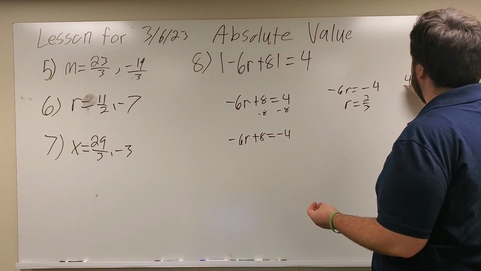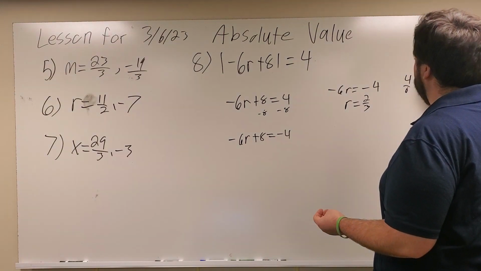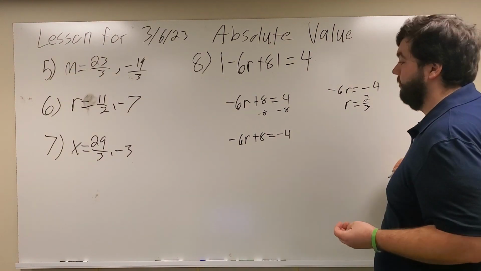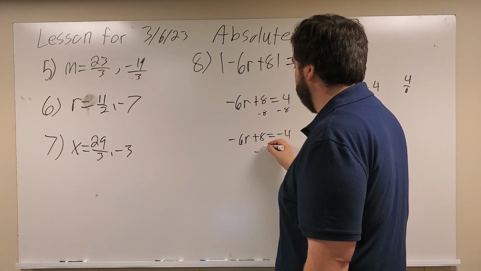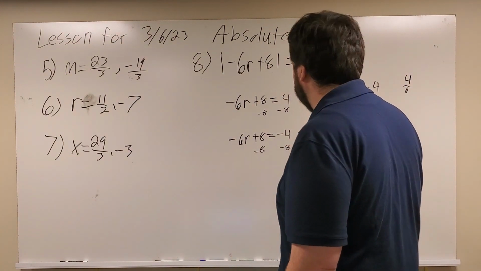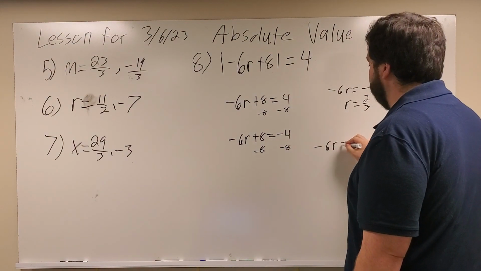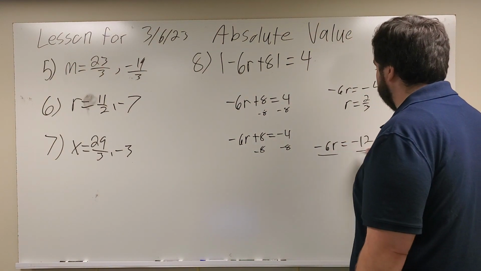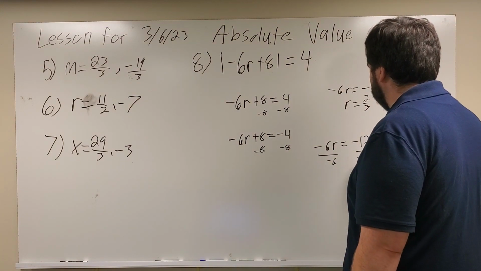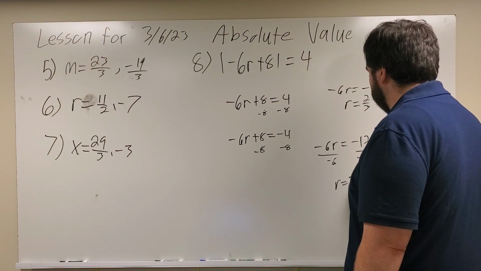So you get 4 over 6, but I can pull a 2 out of both of those and get 2/3. Over here, I'm going to subtract 8 from both sides. I get negative 6r is equal to negative 12. Divide by a negative 6. And I get r is equal to positive 2.